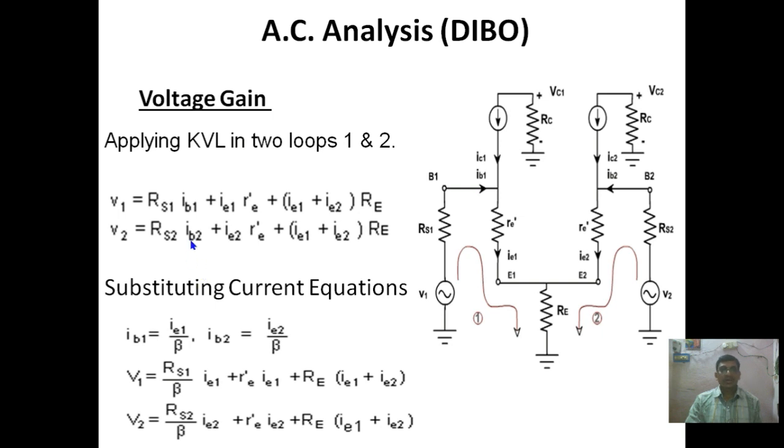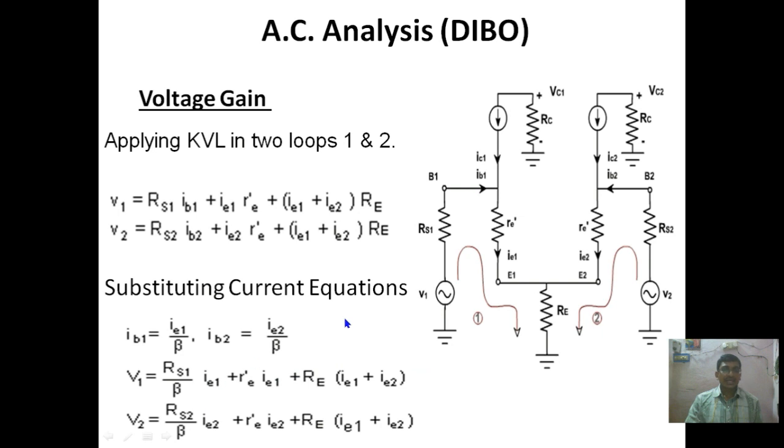Next, if you substitute IB2 equal to IE2 by beta in the V2 equation, then the V2 equation becomes V2 is equal to RS2 by beta into IE2 plus RE dash IE2 plus RE into (IE1 plus IE2).